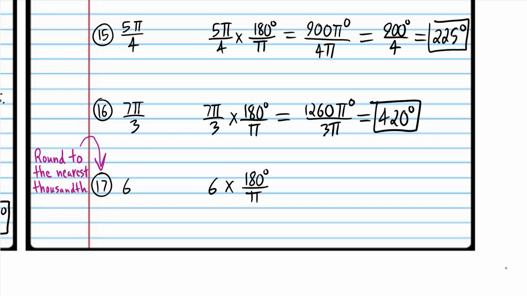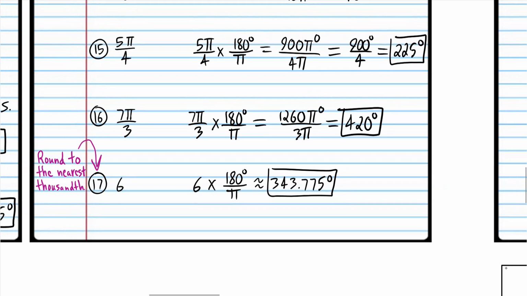So 6 times 180 is 1080 divided by pi. Enter. And so we get 343.775 degrees. So if you got that right, excellent.